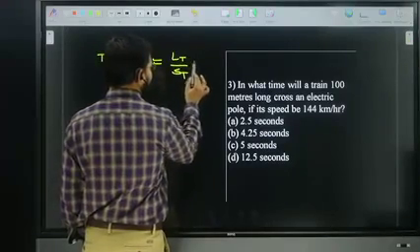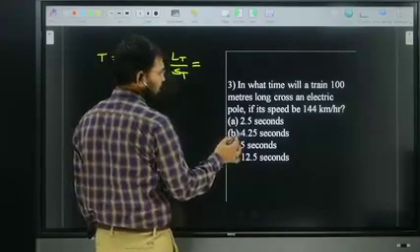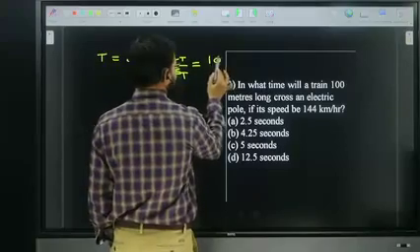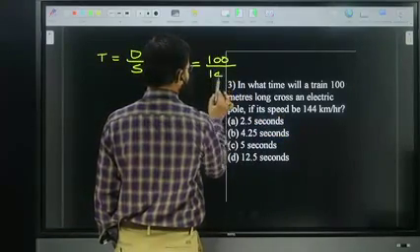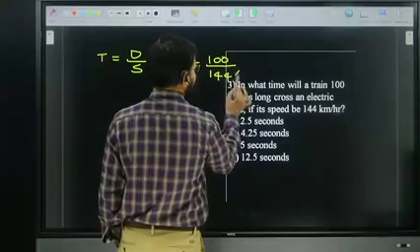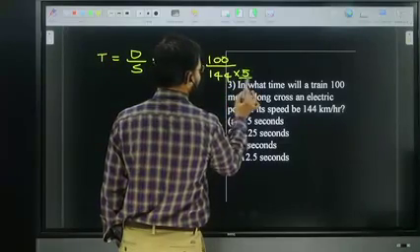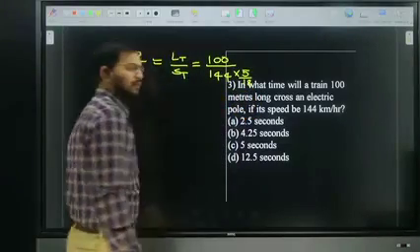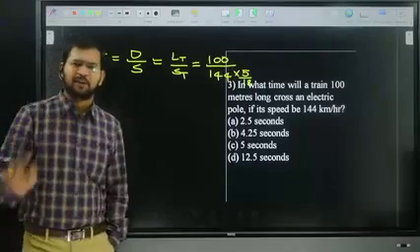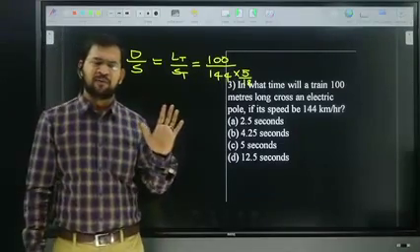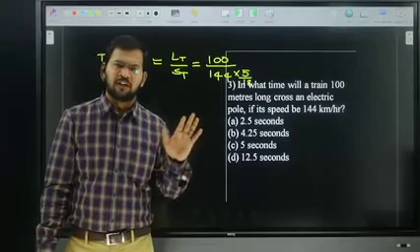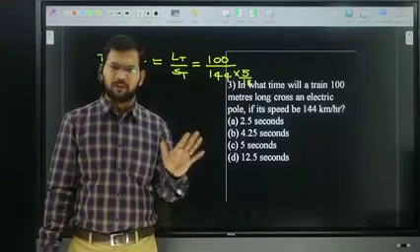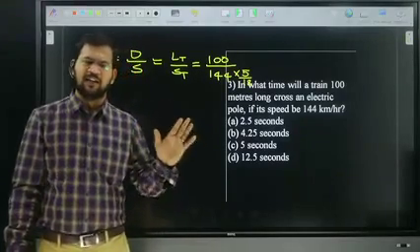Length of the train is how much? 100 meters, divided by the speed of the train, 144 kilometer per hour. I already told you, whenever they give kilometer per hour, first of all we need to convert it into meter per second, because the train length is in meters.